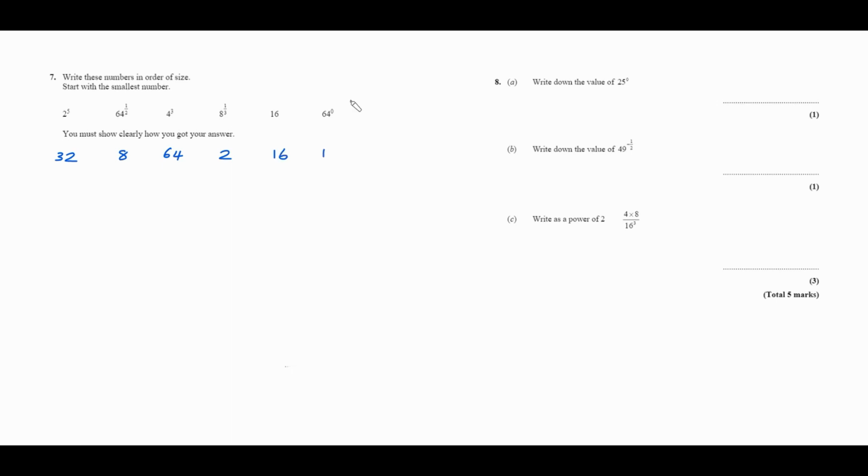You must show clearly all your working. So 2 to the power 5 is actually 2 times 2 times 2 times 2 times 2, and you get the answer 32.